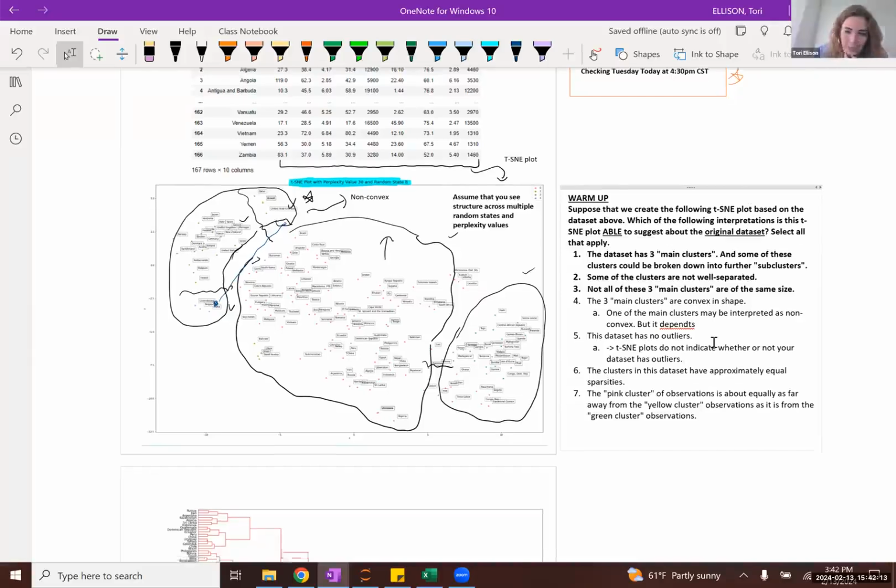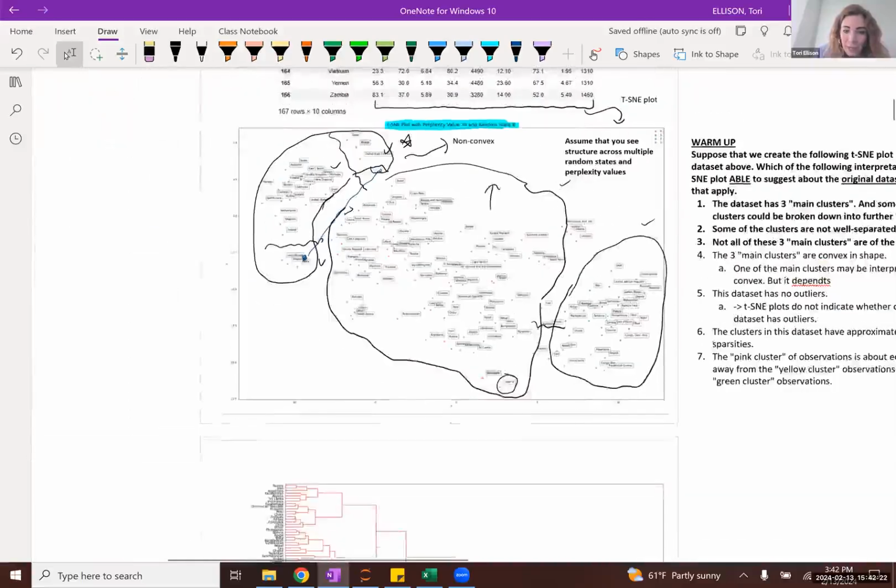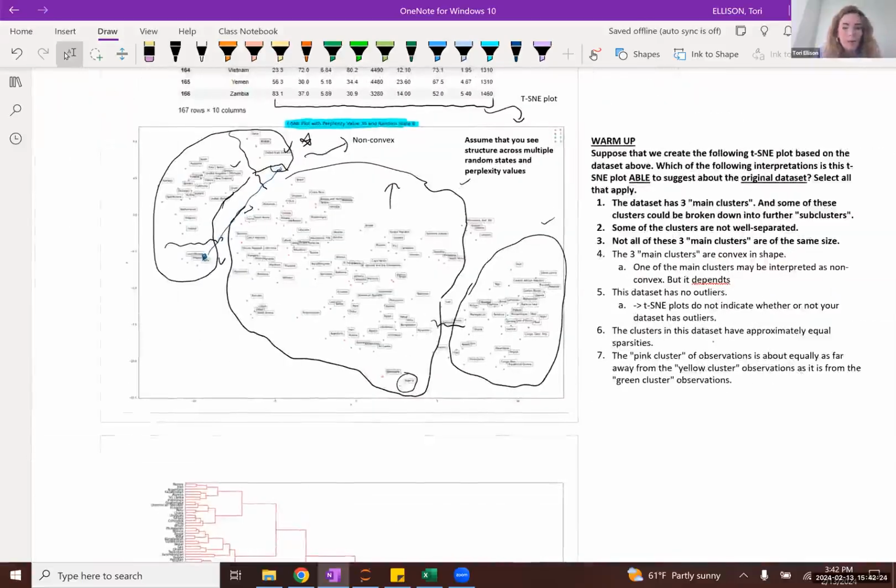In fact, something that we're going to see in the analysis is that this country here, for instance, Nigeria, is a very far away outlier from the rest of the points in the actual data set. But in the TSNE plot, it was lumped in with its closest set of observations, because what the TSNE algorithm is attempting to do is preserve the nearest neighbor relationships from the high dimensional data set.